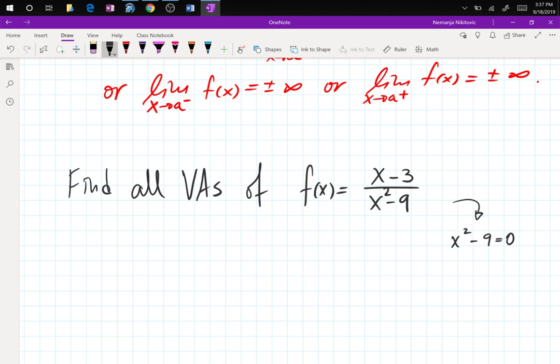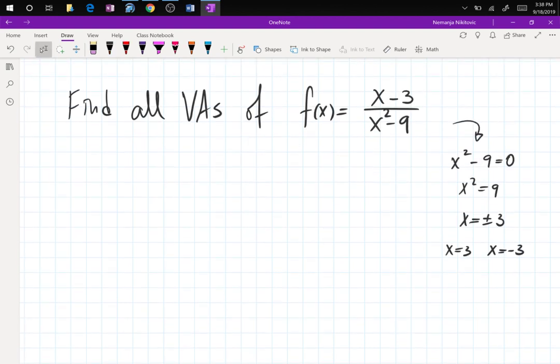Positive, negative 3, yes. So x squared equals 9. When you square root both sides, you get plus or minus 3. So it gives you two values: x equals 3, and x equals negative 3. And if you label them both as a vertical asymptote and you move on, well, no bueno.